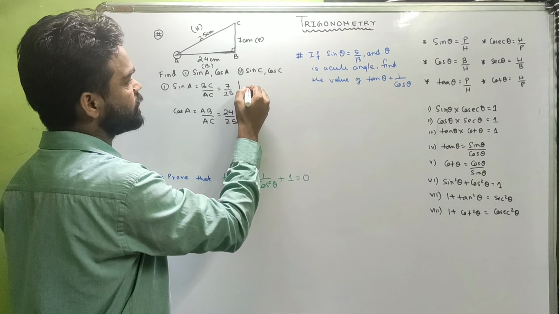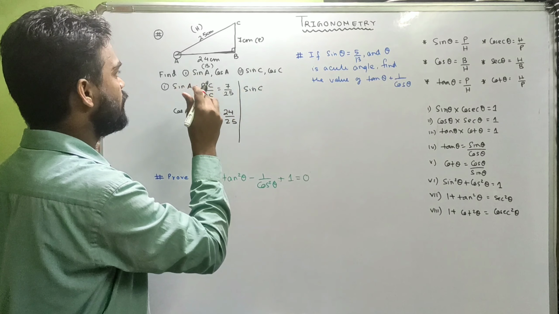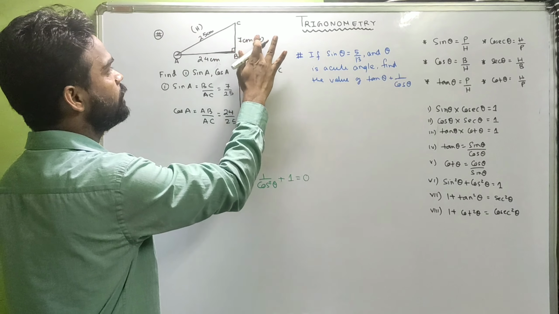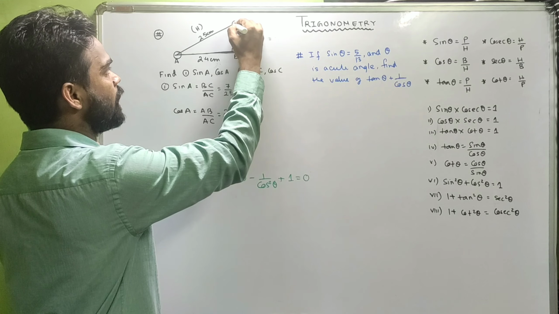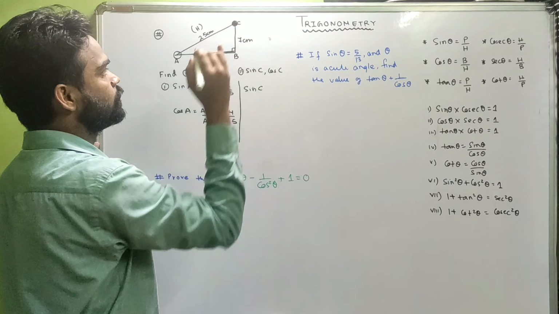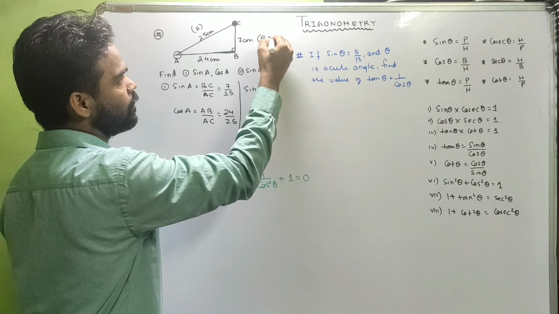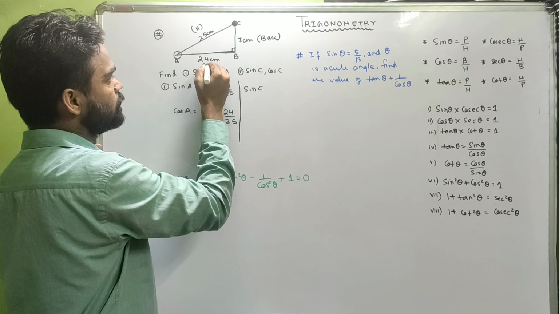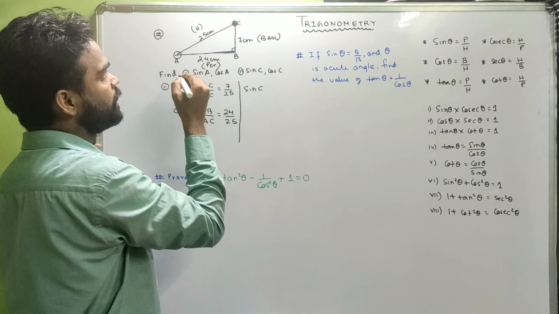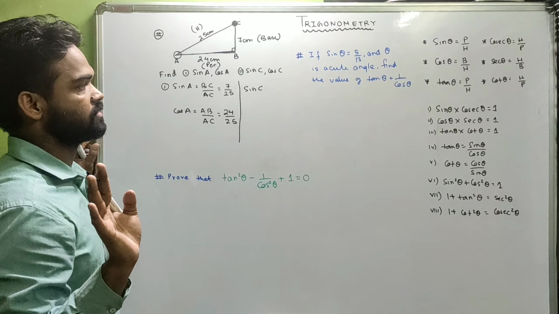They have asked sine C. Now, when this is your angle to be considered, with respect to this angle, this becomes your base, this becomes your perpendicular, and the hypotenuse is always fixed.